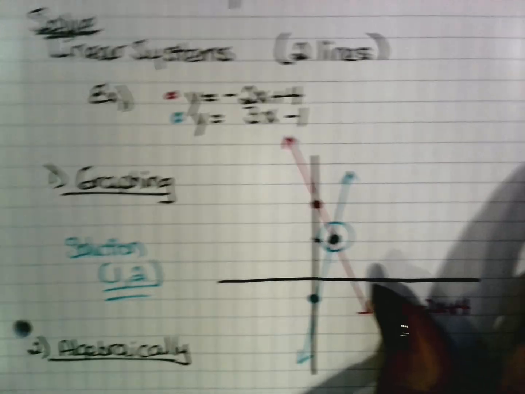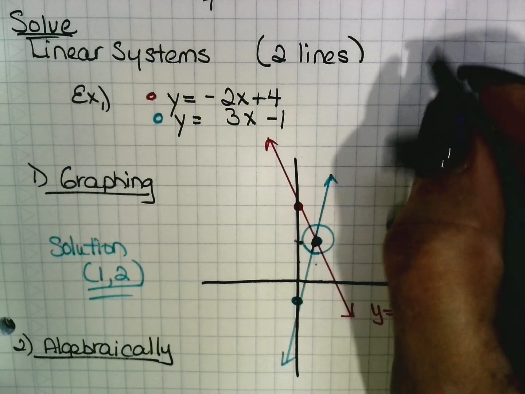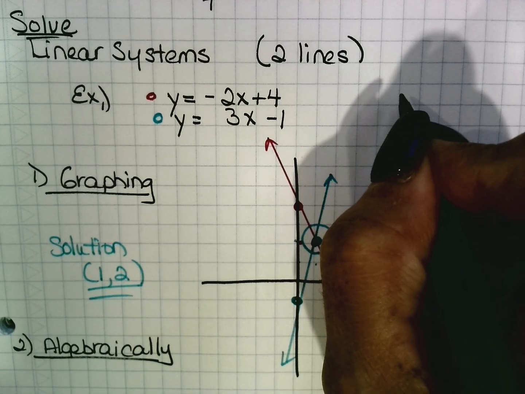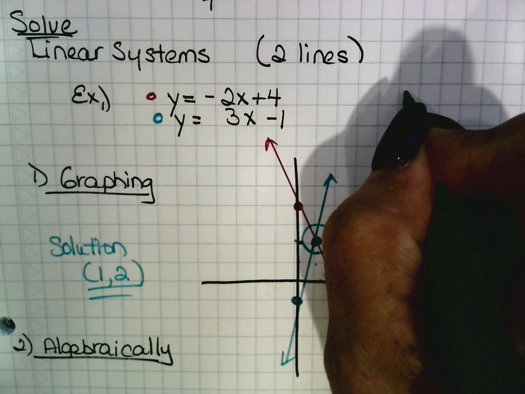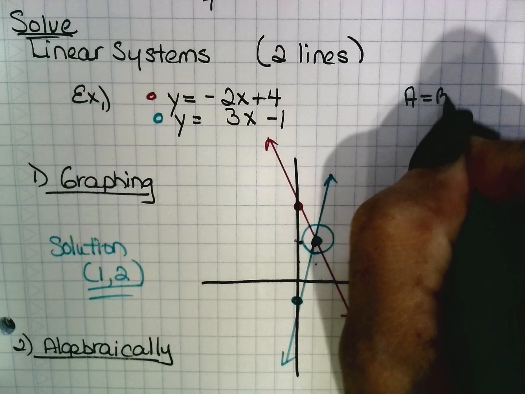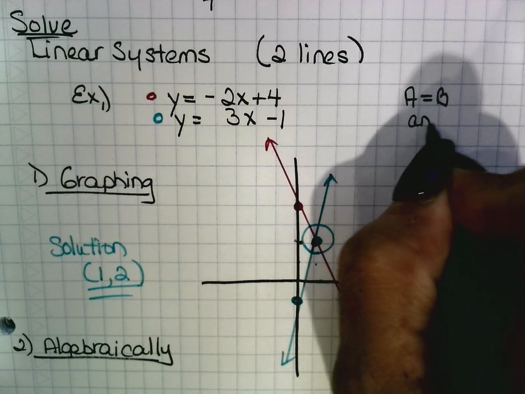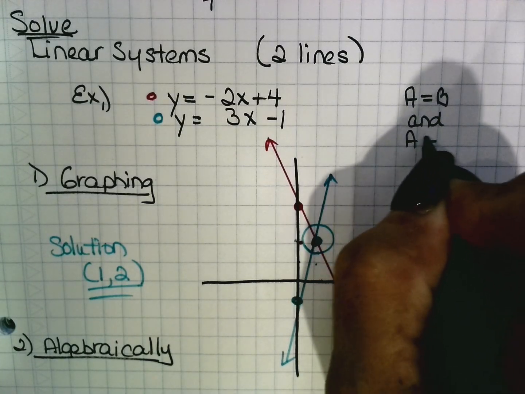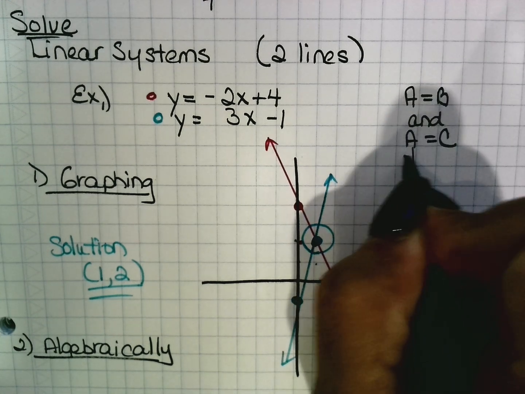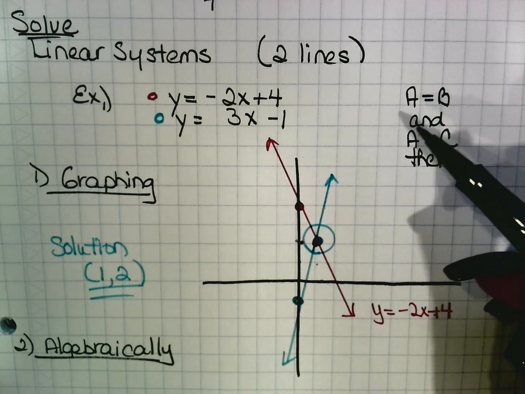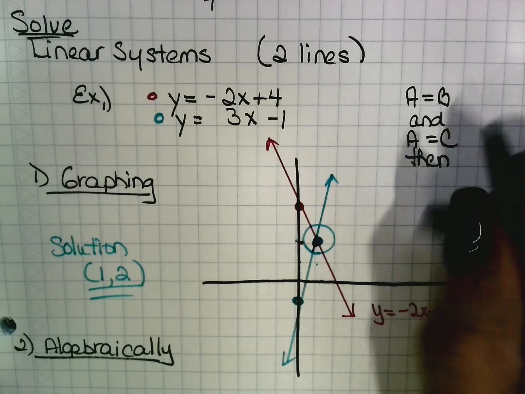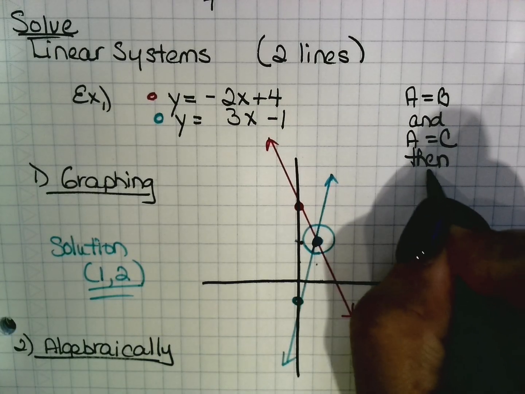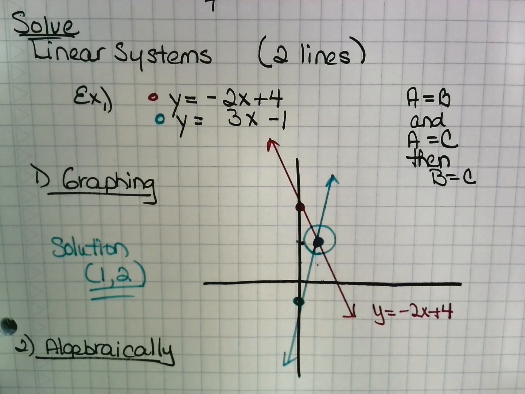Now, if you remember, maybe in geometry, if we had something like a equals b and a equals c, then if both b and c are equal to a, we can say that b and c must be equal.